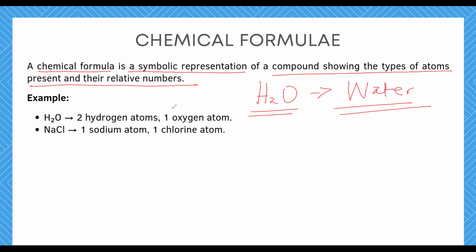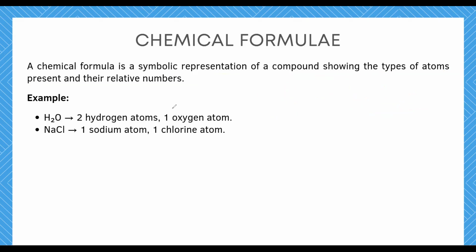So what do we mean? This is a chemical formula H2O because it is telling us the elements that are present. It is showing us that we have hydrogen. Did you see that? And then it is also showing us that we have oxygen present. And not only is it telling us the elements that are present, it is telling us how many atoms are present. You mentioned that we have two hydrogen atoms as shown as this subscript of 2 over here.